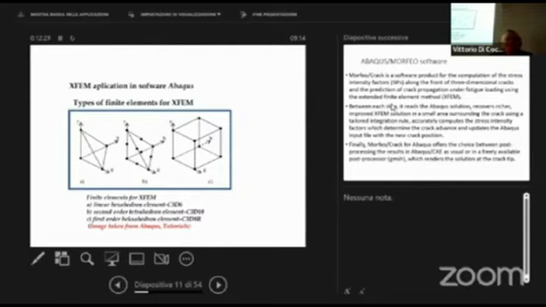Also, ANSYS is frequently used. And as for the elements at our disposal, you can see that they are not only two-dimensional, but also three-dimensional. My presentation today is focused on three-dimensional problems.